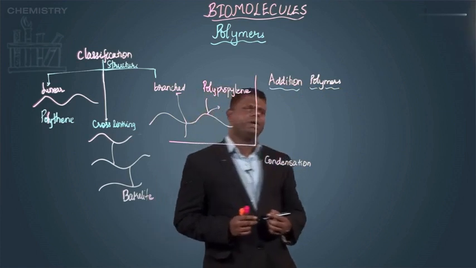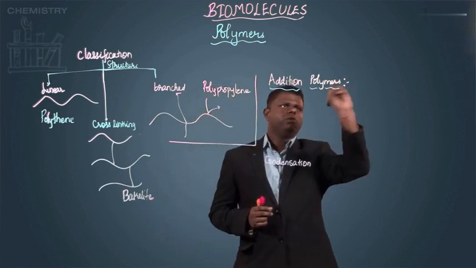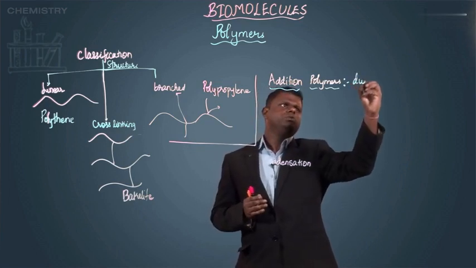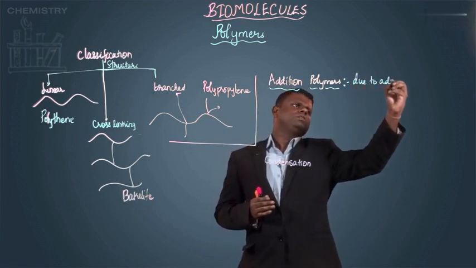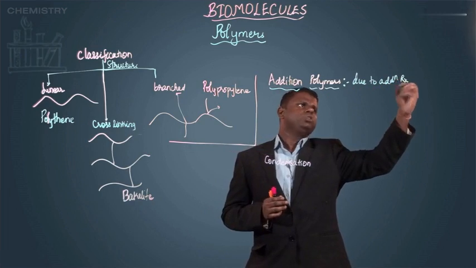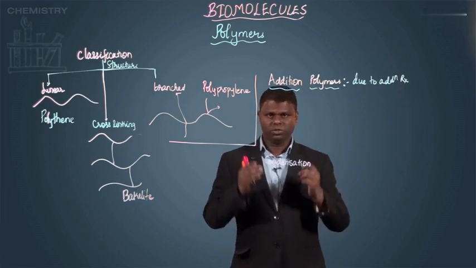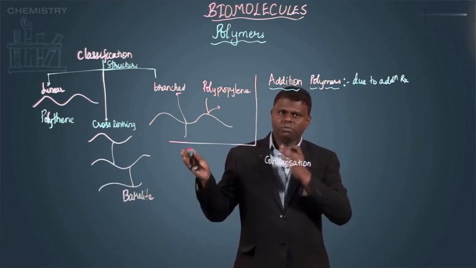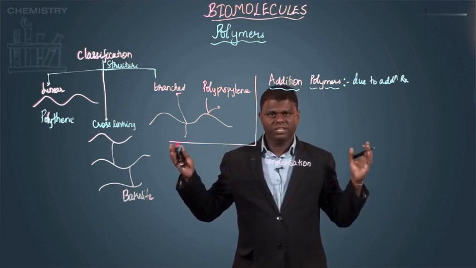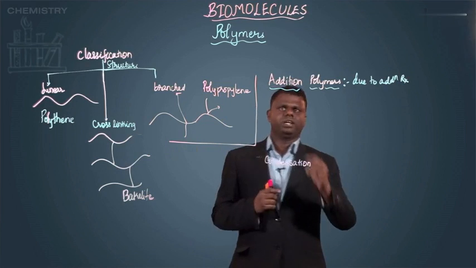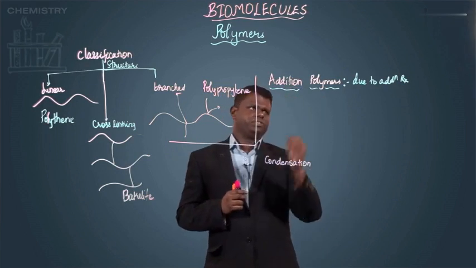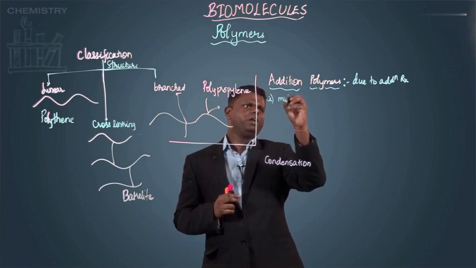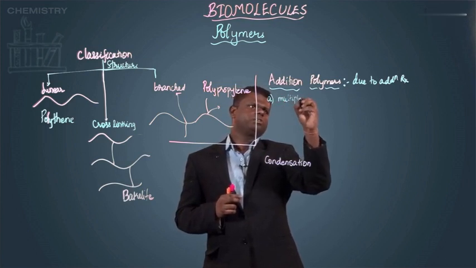So now what do you mean by addition polymers? Addition polymers, as the name suggests, are formed due to addition reaction. And most of us know that addition reactions are those reactions of the type 1 + 1 = 2. That means there could be many reactants which give a single product. So for addition reaction, there should be multiple bonds.